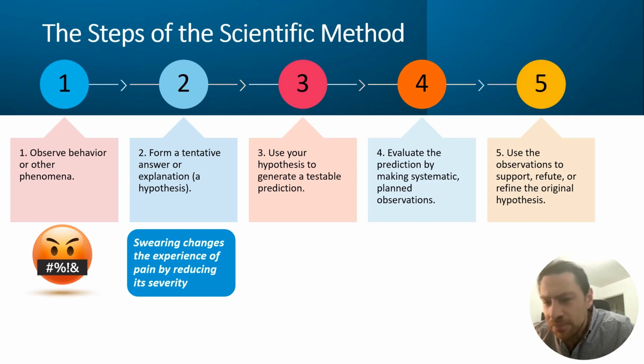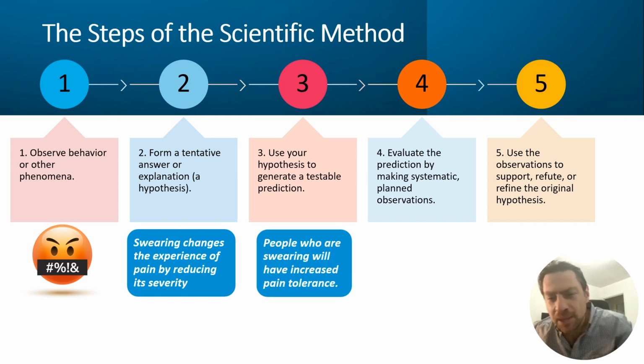Step 3 was to use your hypothesis to generate a testable prediction. In our case, one of the predictions we came up with was that people who are swearing, who use profanity, will have increased tolerance to pain.